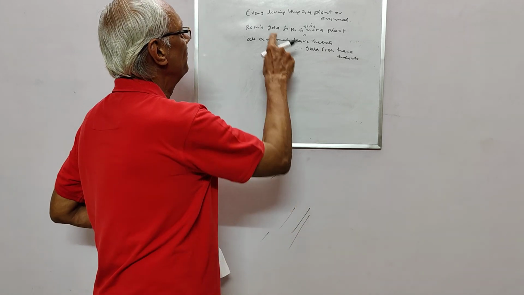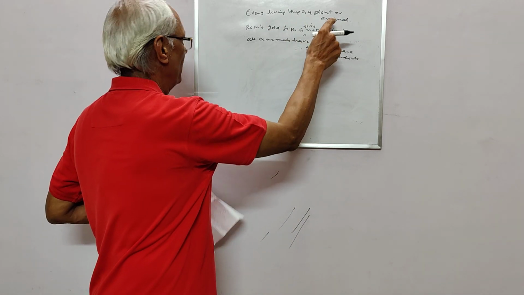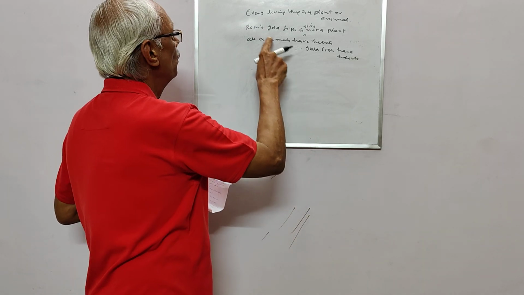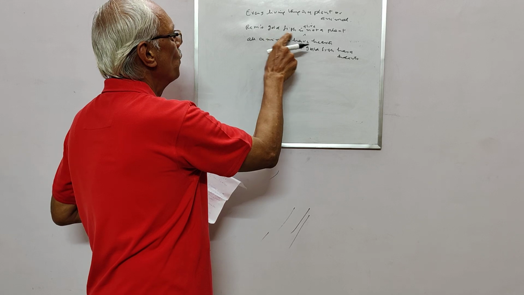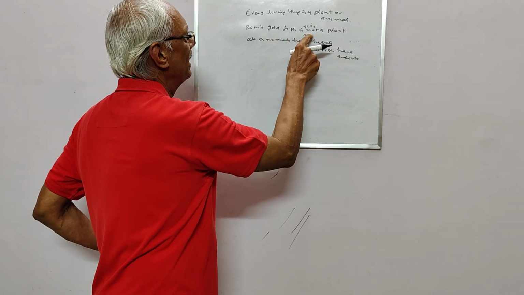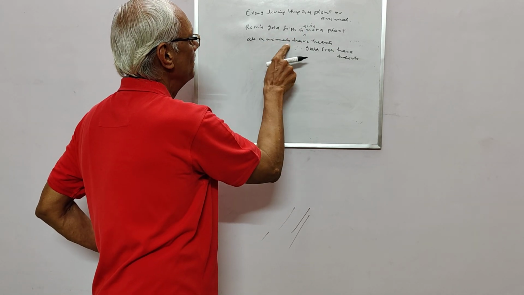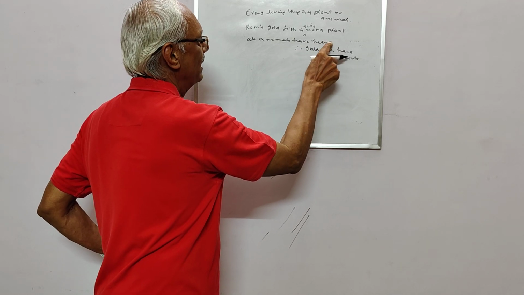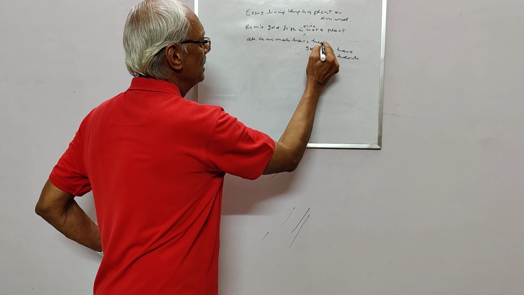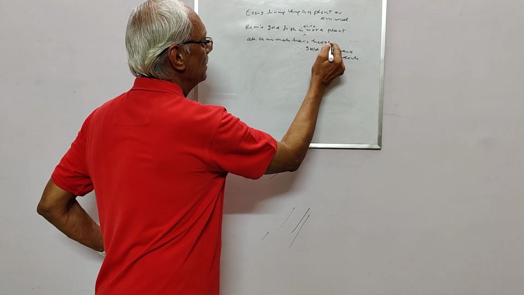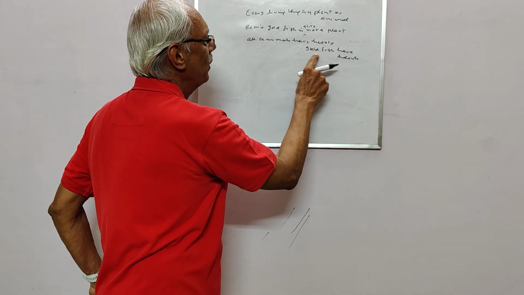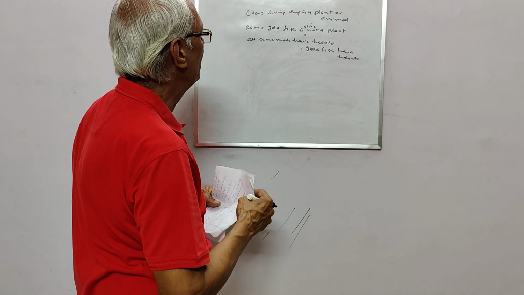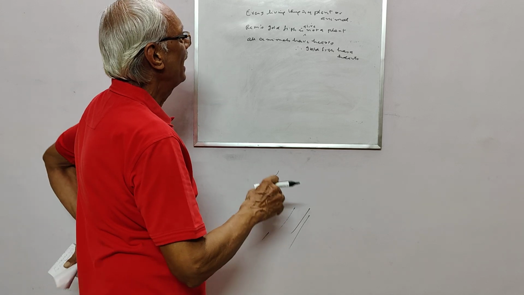Every living thing is a plant or animal, and Ram's goldfish is alive and not a plant. All animals have hearts, H-E-A-R-T-S, hearts. And therefore the goldfish has a heart. So this is a problem, and we must be able to identify here.